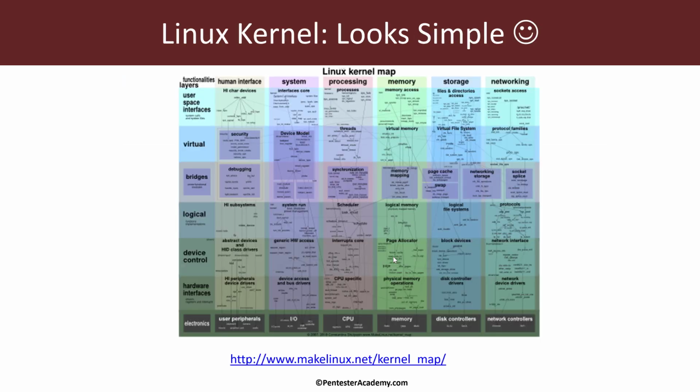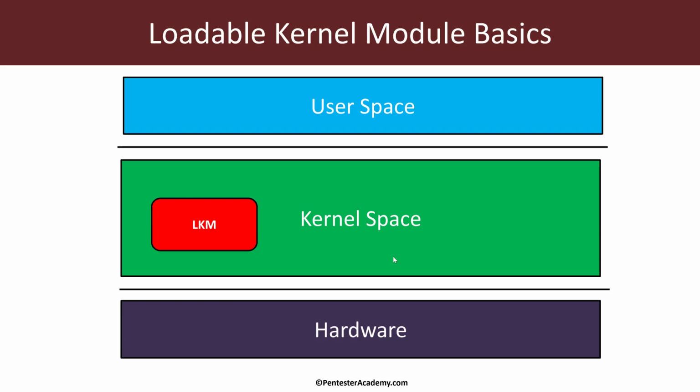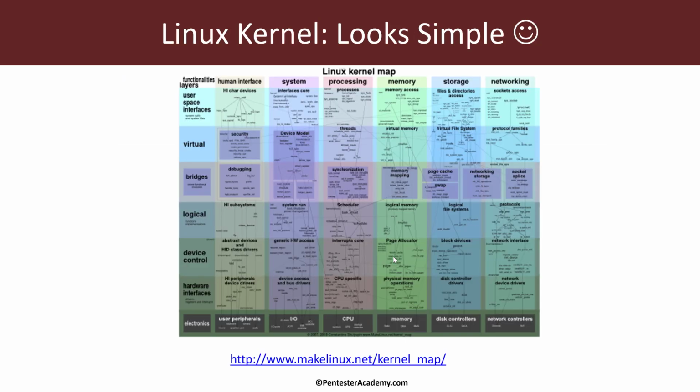Now, of course, the LKMs can do a lot. The first thing to realize is, even though we've drawn a very simple looking block diagram, the kernel is very complicated. And we will unravel many of these complications and subsystems as we move along in this training. So how do LKMs actually fit in with all of the kernel core code?